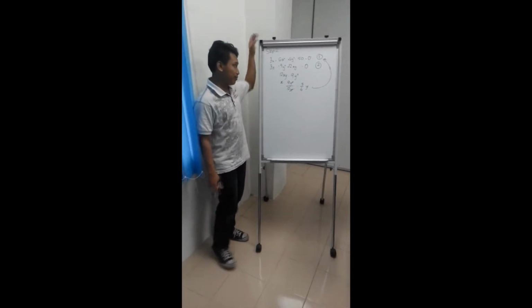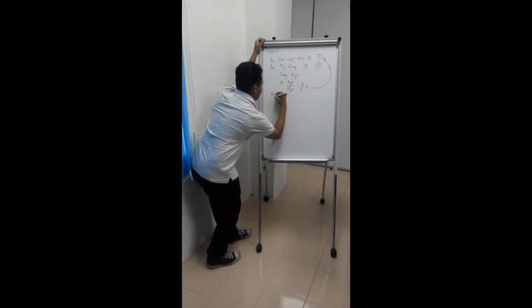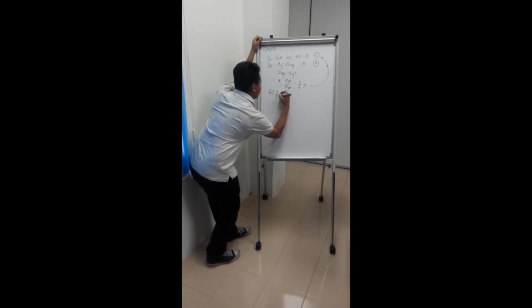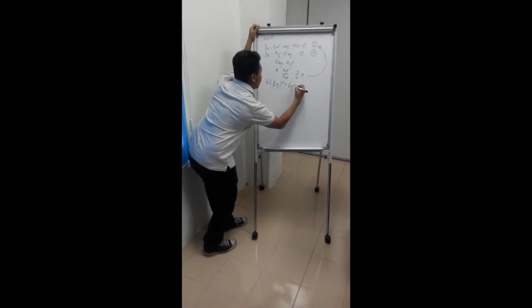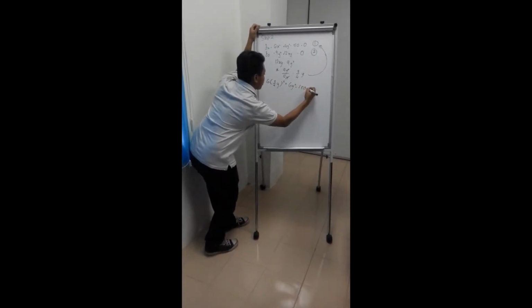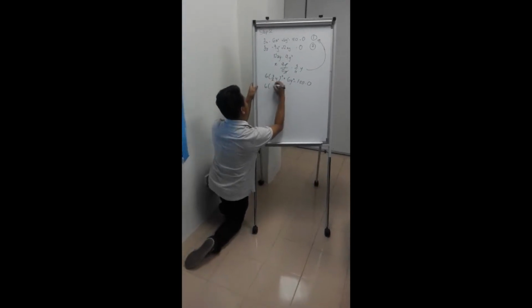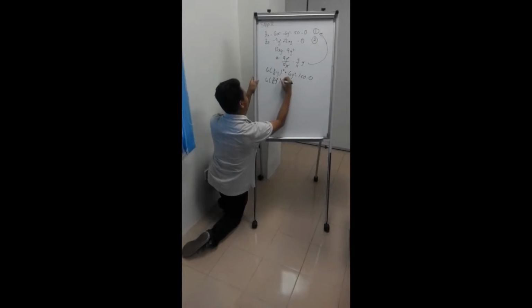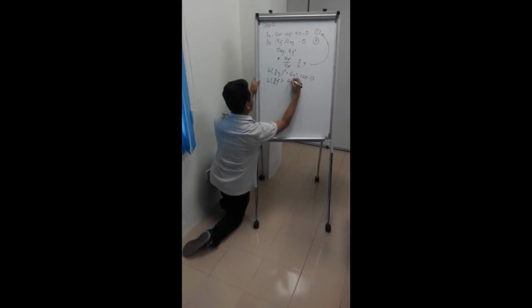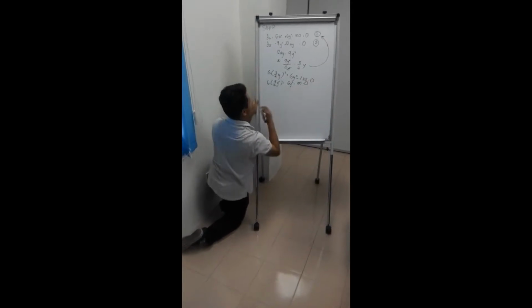Okay, now we will do the next part. Substitute this in the first equation. So we obtain 3 over 4 y, all squared, plus 6y squared minus 150 equals 0. That is 9 over 16 y squared plus 6y squared minus 150 is equal to 0.